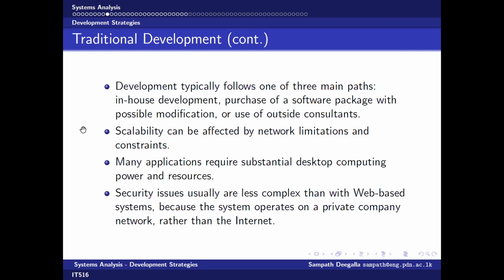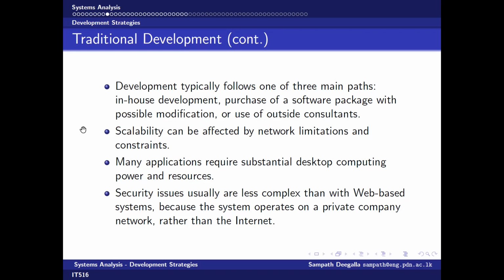There are a couple of paths in traditional development. You can have in-house development. I think many of you told me that in your organization you have developers. The second is you can purchase software packages with modifications, or you can use somebody from outside to do the work.